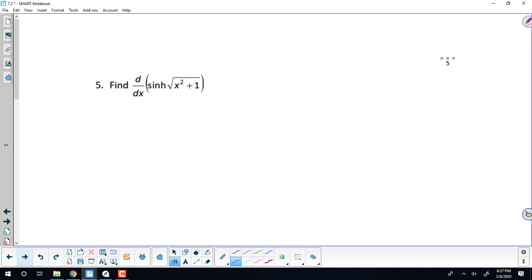So the chain rule has to be involved here. You take the derivative of the outside function, leaving the inner function alone, multiplied by the derivative of the inner function.